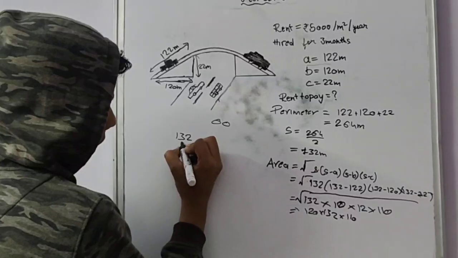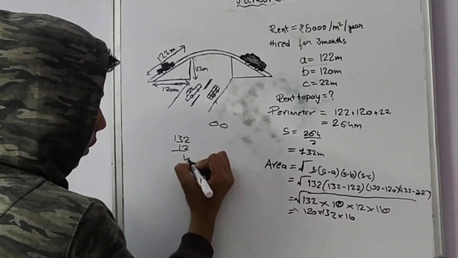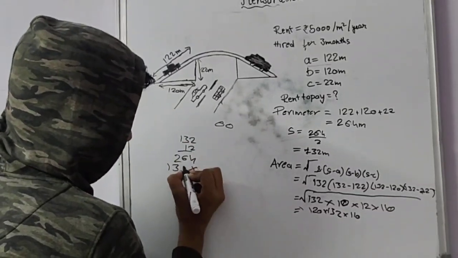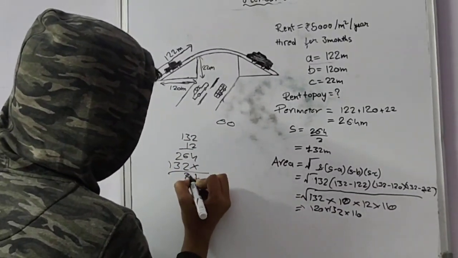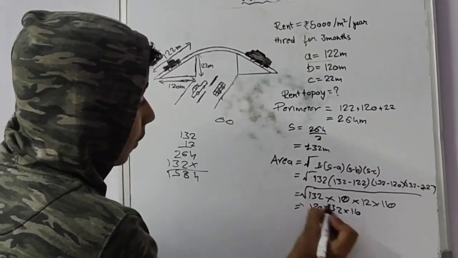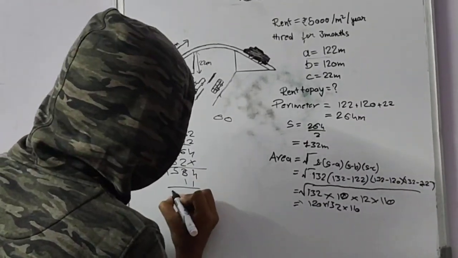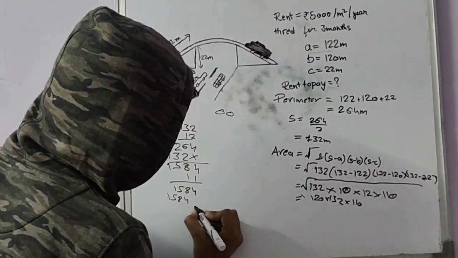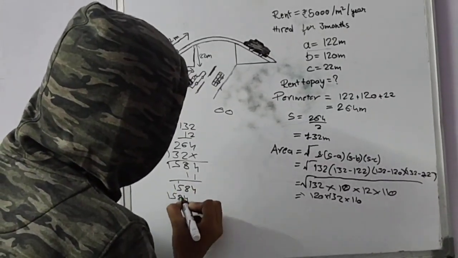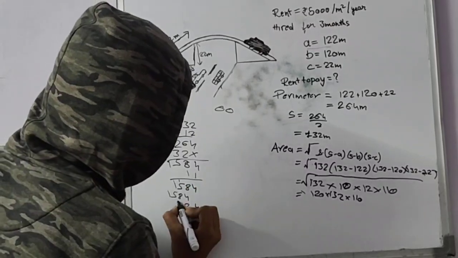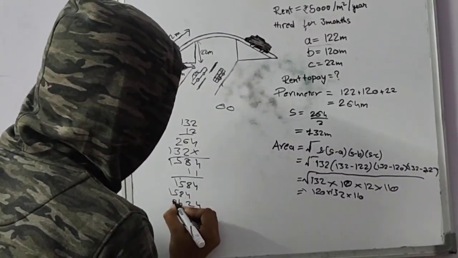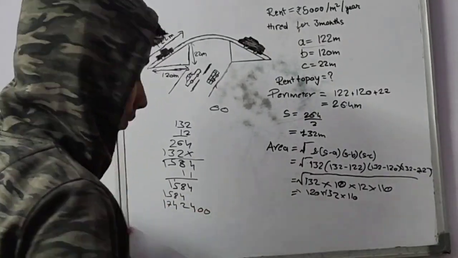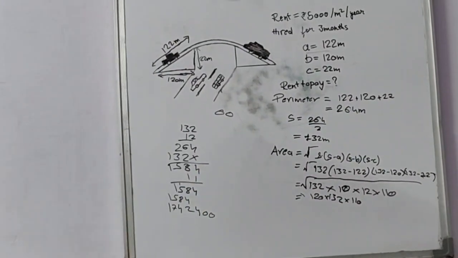Firstly 132 into 12, it would be 2 2s are 4, 2 3s are 6, 2 1s are 2. 132 will become 1584, multiplied by 11, 1584, 17424, 00 will be our area.